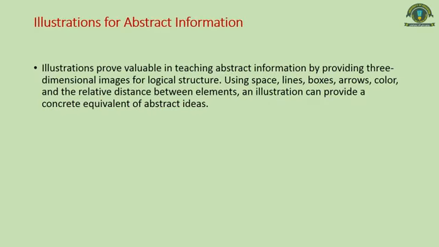Illustrations for abstract information. Illustrations prove valuable in teaching abstract information by providing three-dimensional images for logical structure, using space, lines, boxes, arrows, colors, and the relative distance between elements.